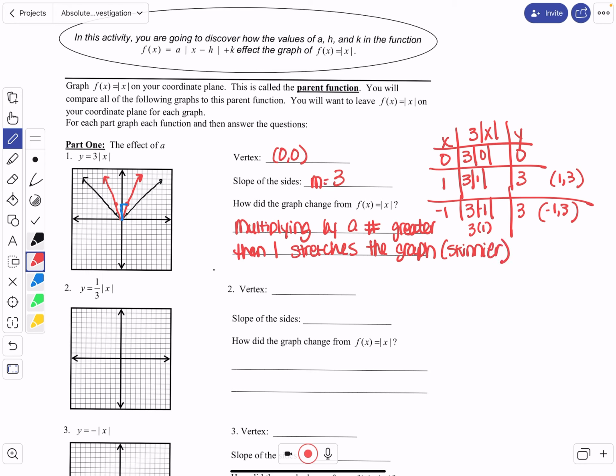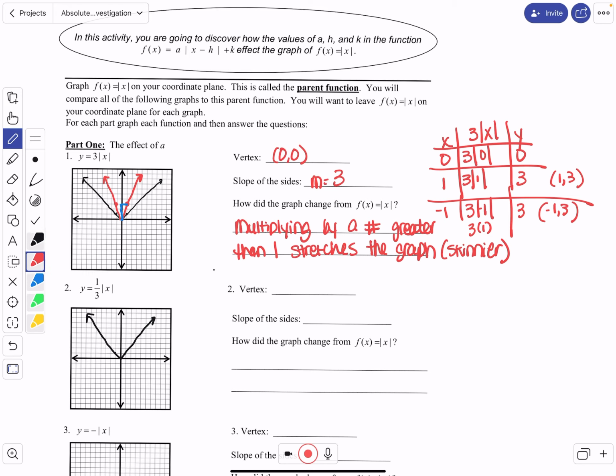Okay, so now let's look and see what happens when we multiply by a third, so something less than 1. So the same thing, let's plot our points here. So here's my original graph.